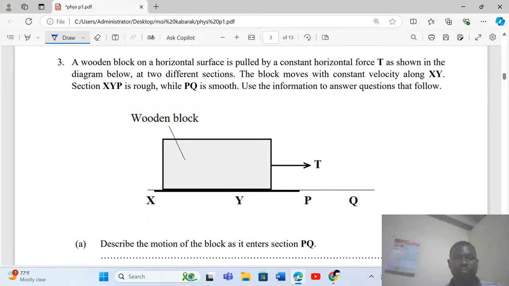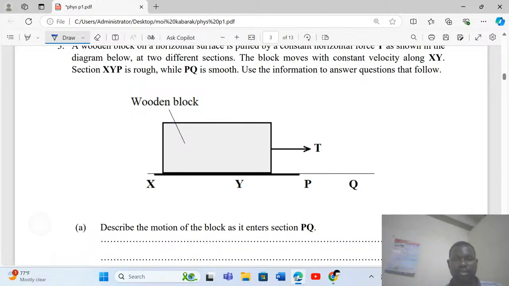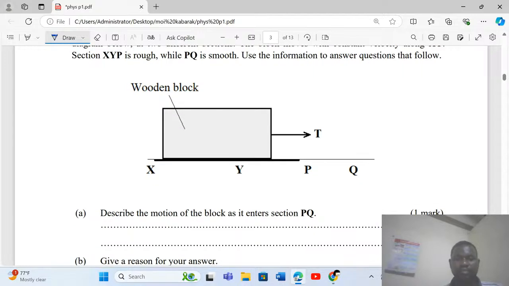Section XY is rough, while PQ is smooth. Use the information to answer questions that follow. Then you can see where X is, where Y is, where P is, and where Q is.